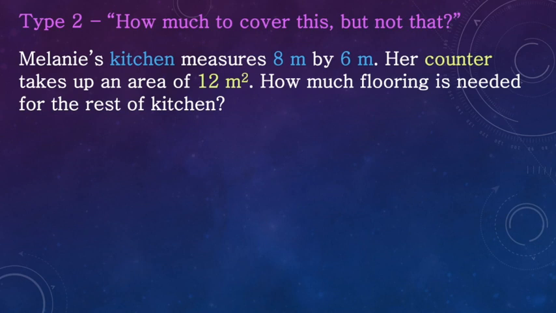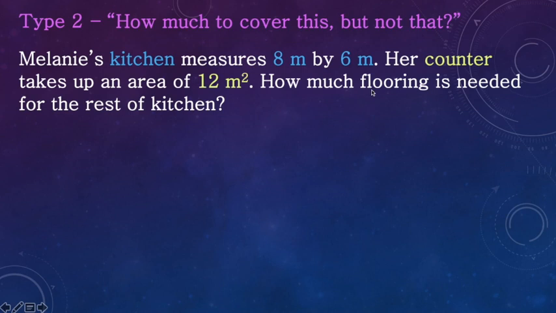So automatically in your head, the wheel should be turning. First off, remember what I told you in type 1. When we have 8 meters by 6 meters, X meters by Y meters, you are always referring to a rectangle. Now second thing, we are given area for the counter, but that's not what I want.